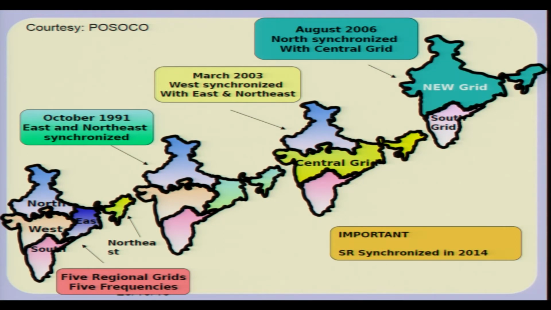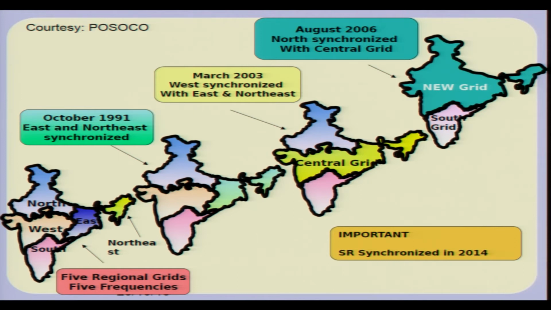If you look at the structure of the power system in our country, long ago, many years ago, before 1991, our grid was in fact made out of 5 regional grids and 5 frequencies. They were different grids and they were in fact operating independently as synchronous grids.